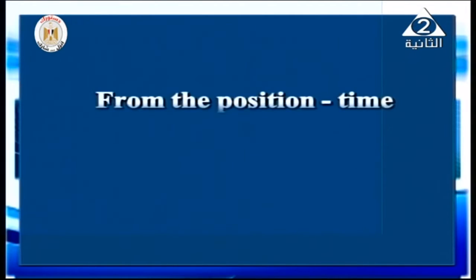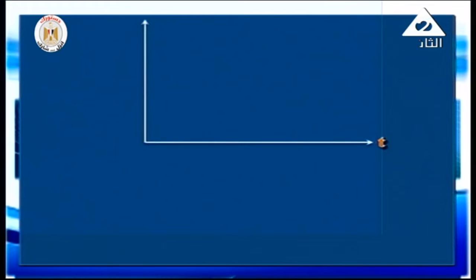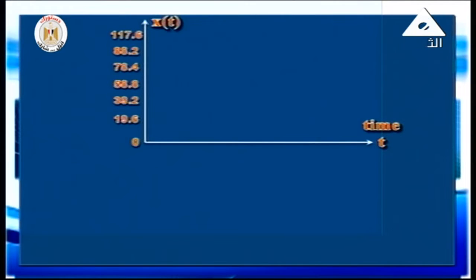From the position-time graph, my dear student, look at the horizontal axis, time, and the vertical axis, position x(t). Look at the times 1, 2, 3, 4, 5 to 8, 9, 10.